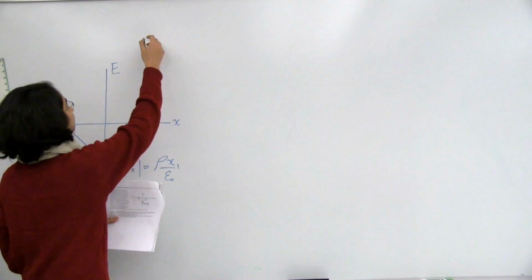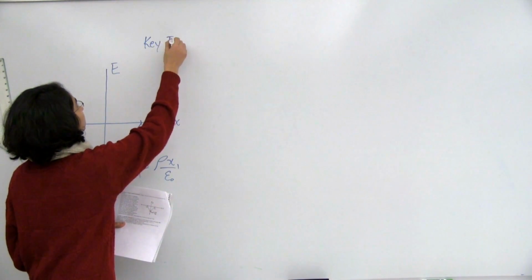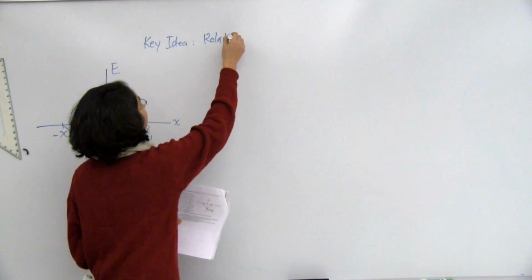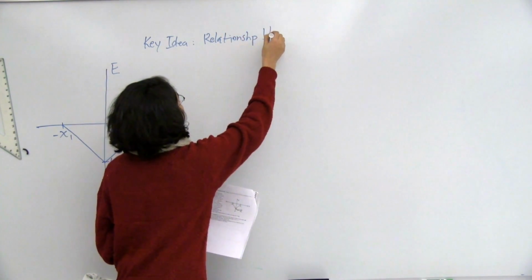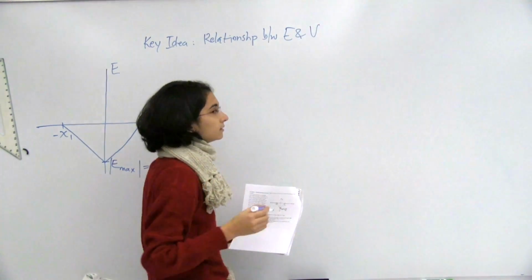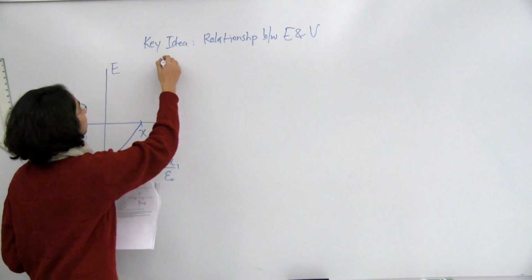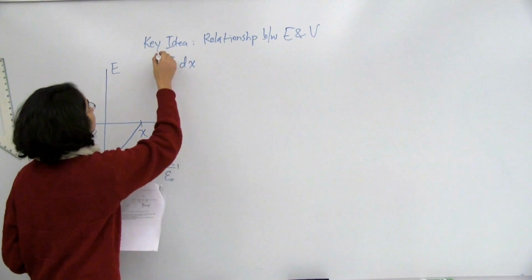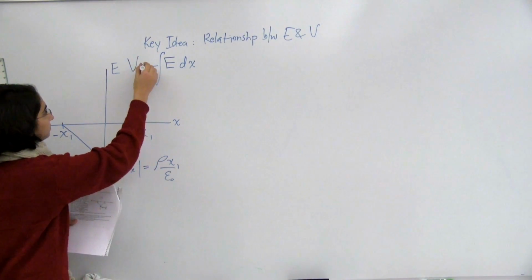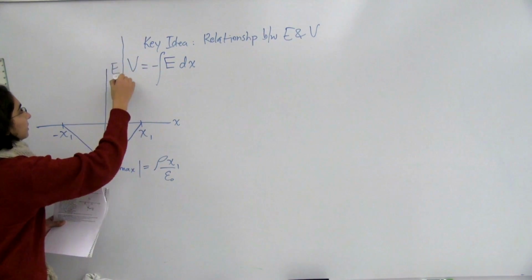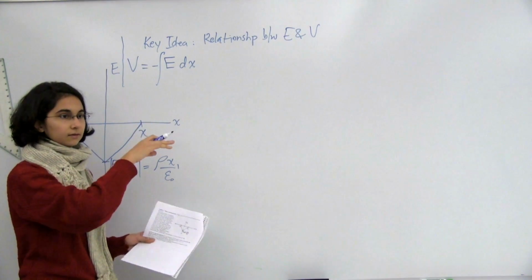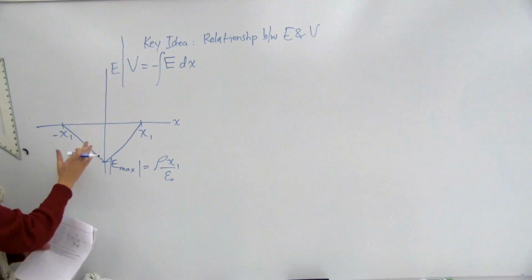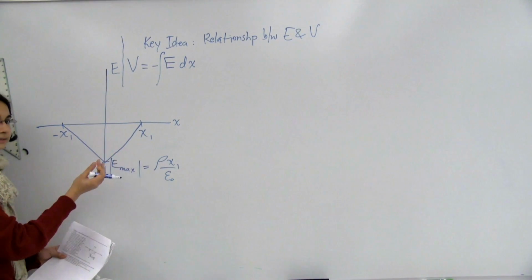The key idea was the relationship between E and V: V is equal to the negative integral of the field E dx versus X. So we would integrate in two parts to get an expression for V.